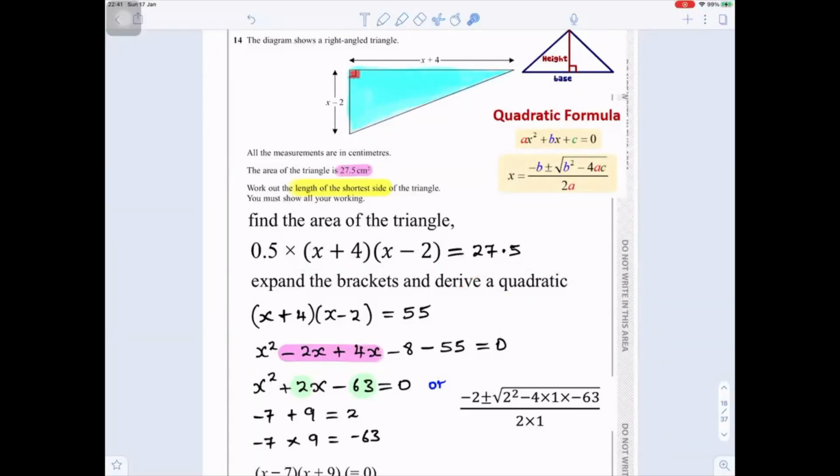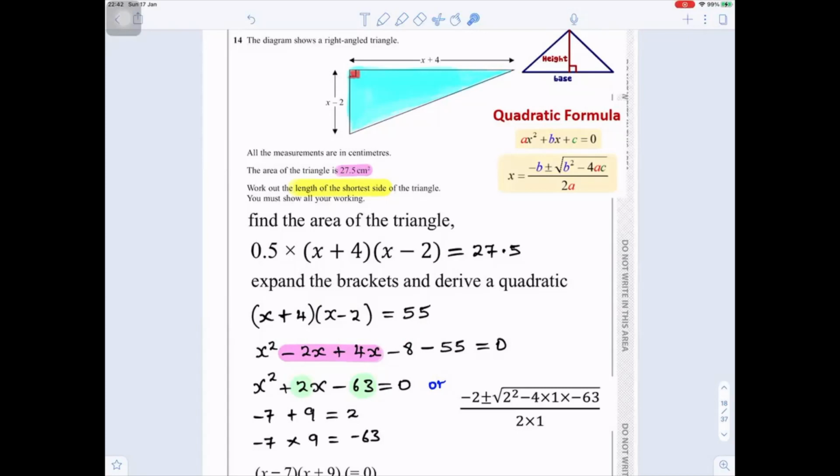To expand the bracket using the first, outer, inner, and last method, x times x gives you x squared. x times 2 gives you minus 2x. 4 times x gives you 4x. 4 times minus 2 gives you minus 8.